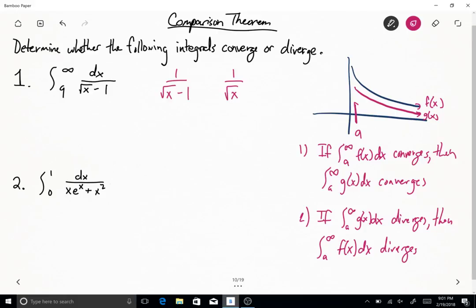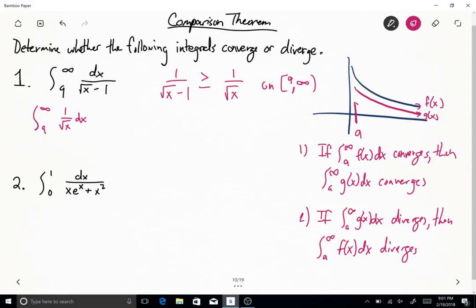So notice that would be 1/3. Well, which one's bigger, 1/2 or 1/3? Well, notice the 1/2 would be bigger. So you're having this on the interval 9 to infinity. Now let's take a look at the integral from 9 to infinity of 1 over the square root of x dx.